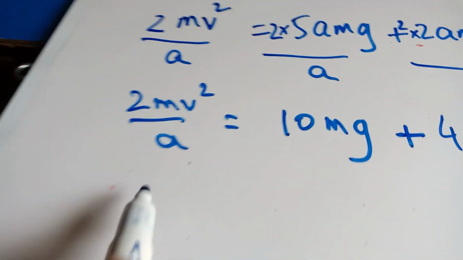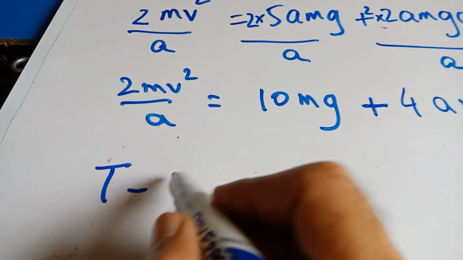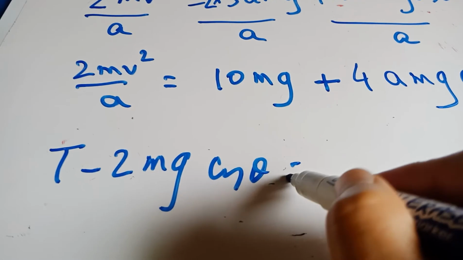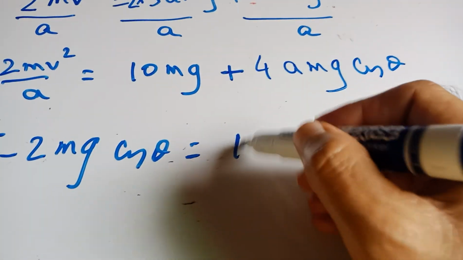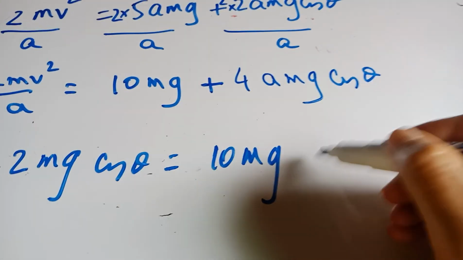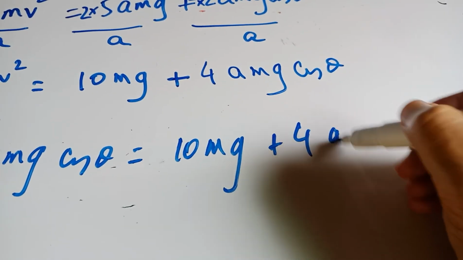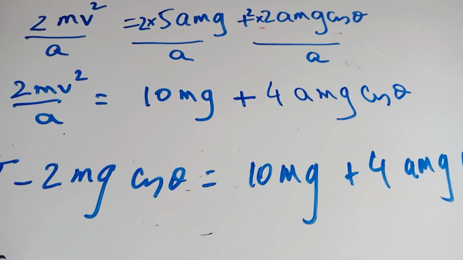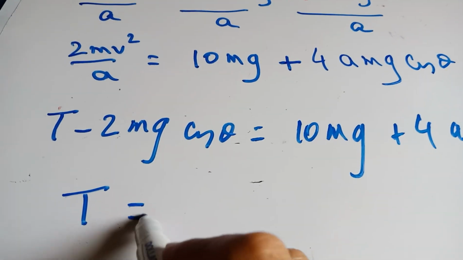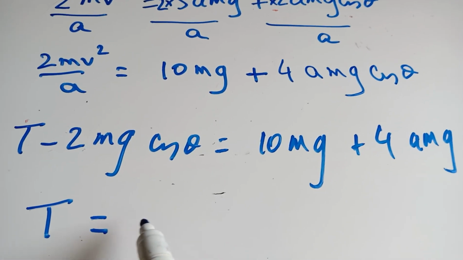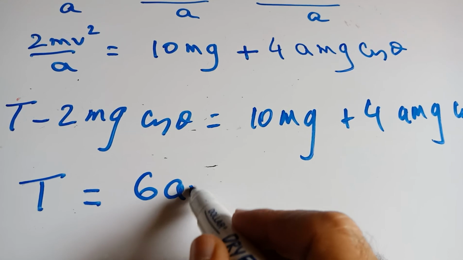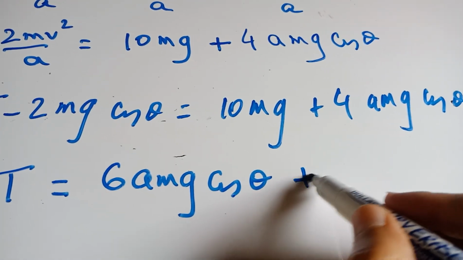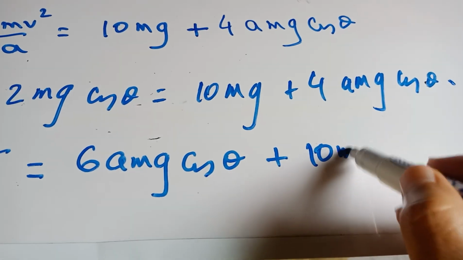I have now T minus 2mg cos theta is equal to 10mg plus 4amg cos theta. So this tension in the string is going to be 6amg cos theta plus 10mg.